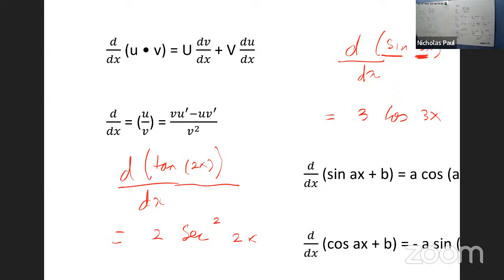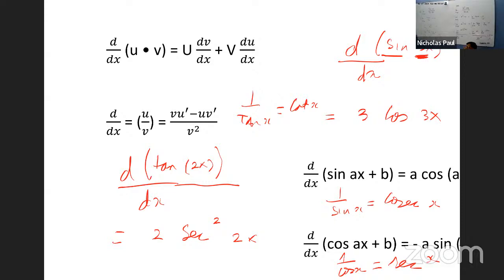Just in case you forgot, 1 on sine x is cosec, 1 on cos x is sec, and 1 on tan x is cot x.